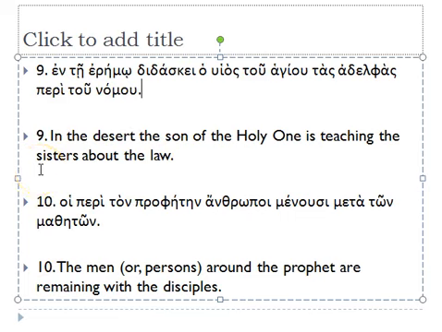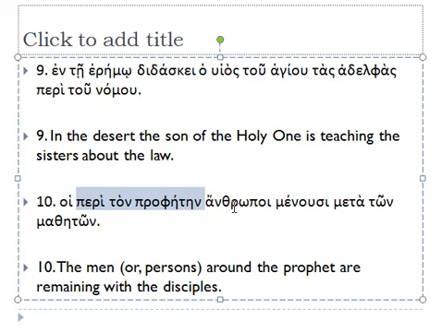Then, in number 10, hoi peri ton prophetein anthropoi, menusi meta ton matheton. This is a bit tricky, but what we find here is hoi going with anthropoi, and in between is sandwiched not an adjective, but a prepositional phrase that is functioning as an adjective, by sticking the prepositional phrase concerning the prophet in attributive position, in between the article and the noun.